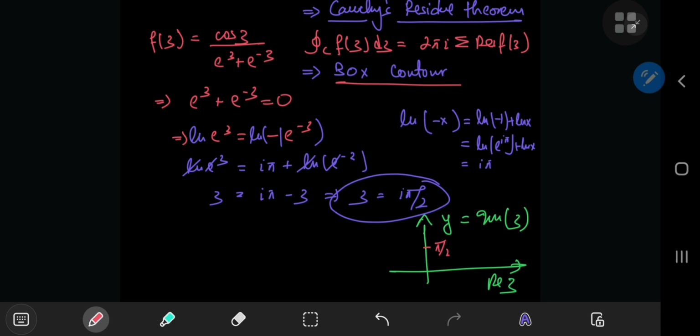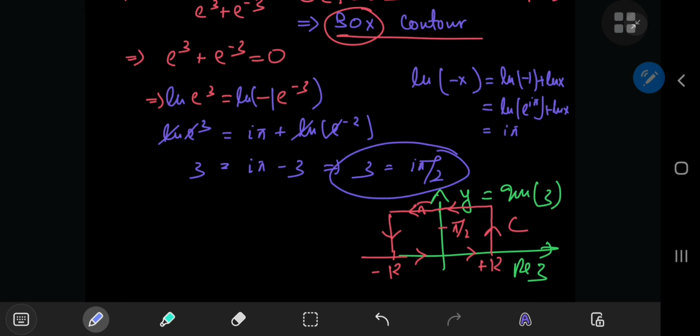Let's make our contour quite convenient by letting our box have a height of pi, and let it run from -r to +r on the real axis. So this is what your contour is going to look like, and of course it runs in the anti-clockwise sense as always.